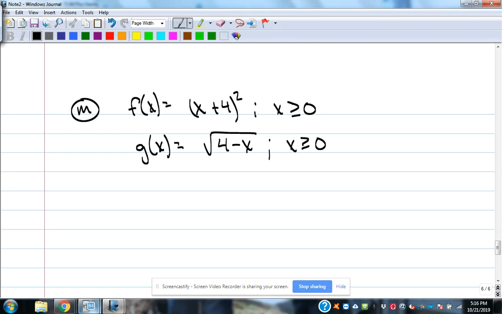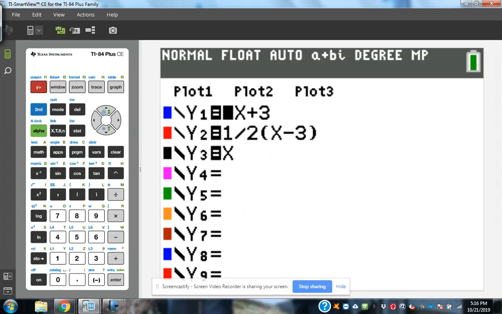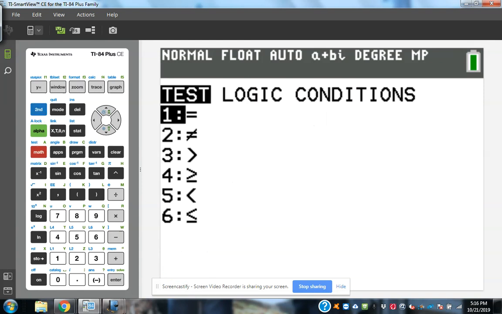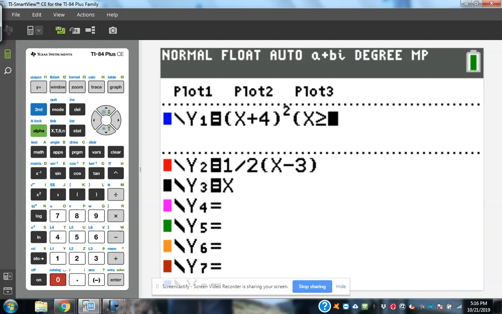So on my calculator, go to y equals, and in y1, I'm going to put x plus 4 squared. Then I'm going to put another set of parentheses and put that restriction that x has got to be greater than or equal to 0. To get greater than or equal to, I'm going to hit second math, go down to number 4, put a 0, and then close those parentheses.